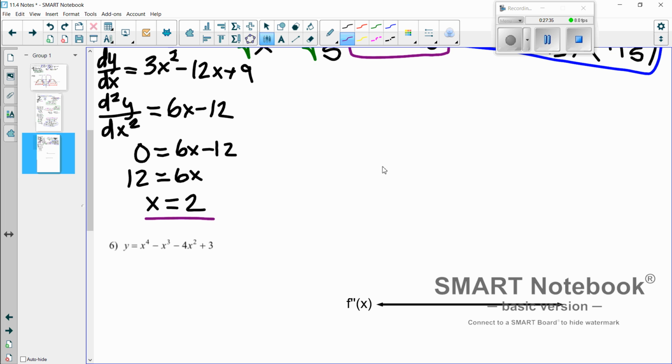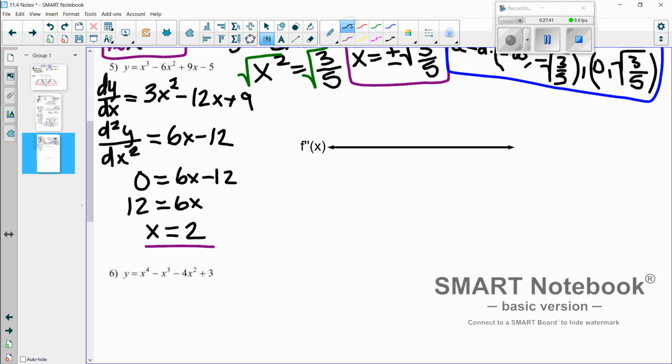And now, let's determine our concavity. Let's plot that point of inflection on our graph. This is our point of inflection. We're going to pick values to the left of that and to the right of that to plug back into our second derivative.